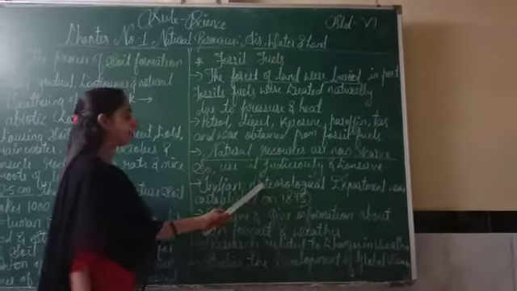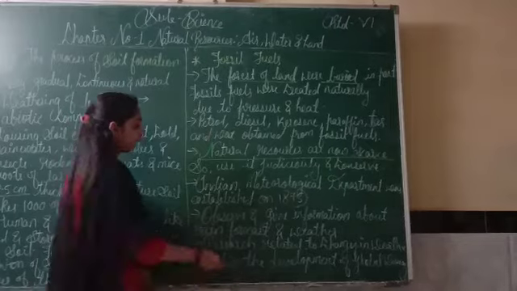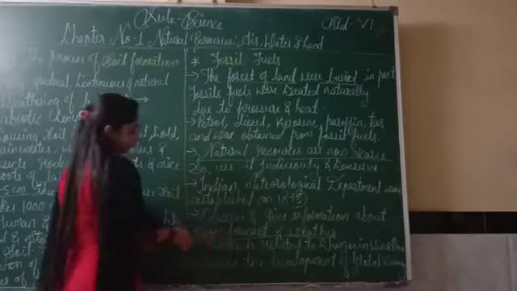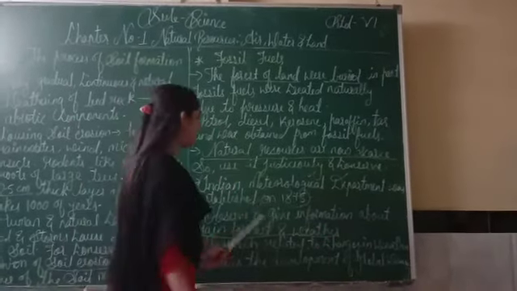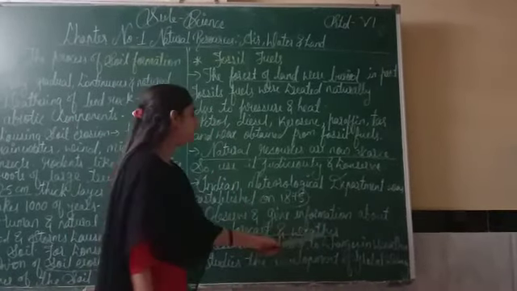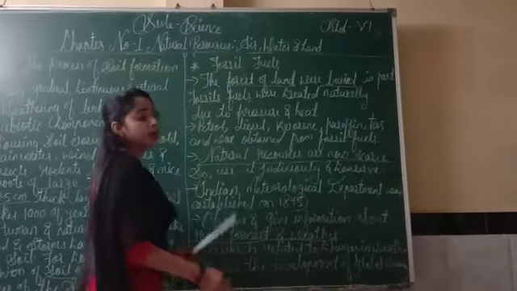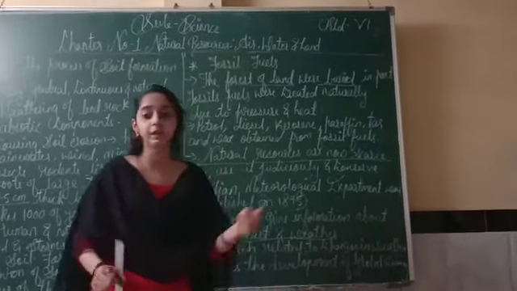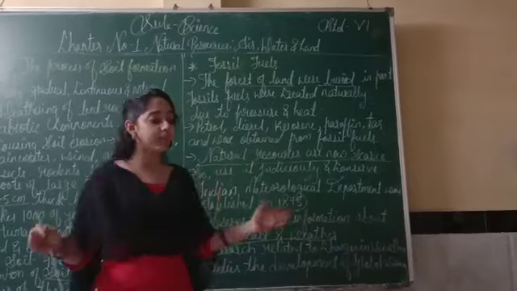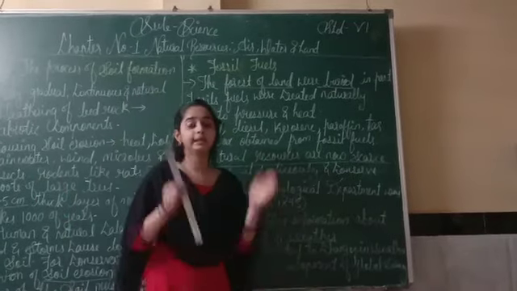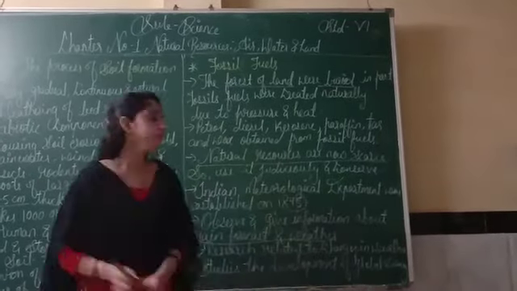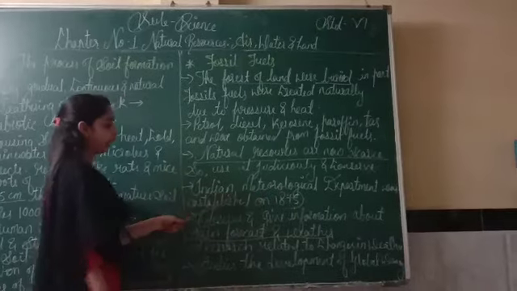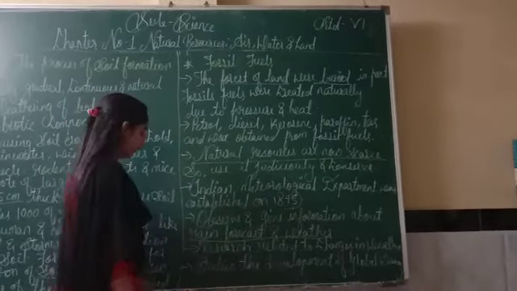This department gives us information about weather and rain forecast from satellites. See, sometimes in the news we see that after 2 days there will be a lot of rain or heavy rain, so don't go out, stay at your home safely. Because of this department, we get this kind of knowledge.